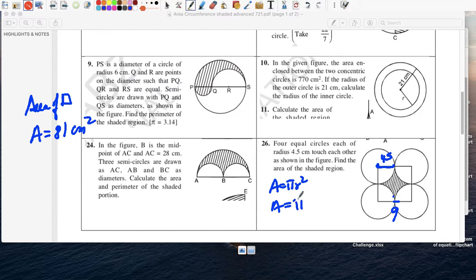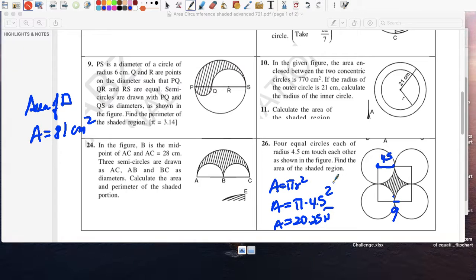A equals pi times 4.5 to the second power. 4.5 times 4.5, enter, is 20.25. So A equals 20.25 pi. Let's multiply that by pi, and we get area equals 63.62 centimeters squared.